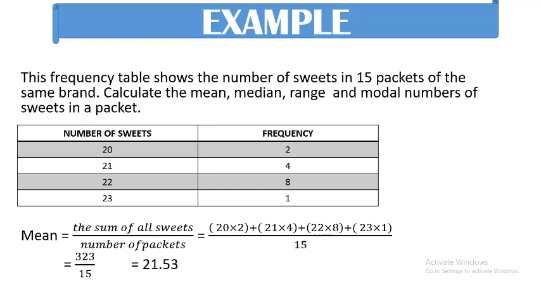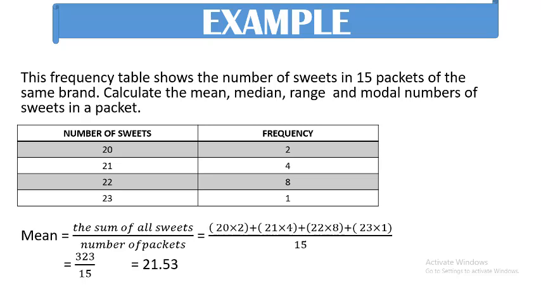That means we are going to find the total number of sweets divided by the number of packets. That is the values under frequency. So our numerator will be the sum of all sweets, and our denominator will be the number of packets.